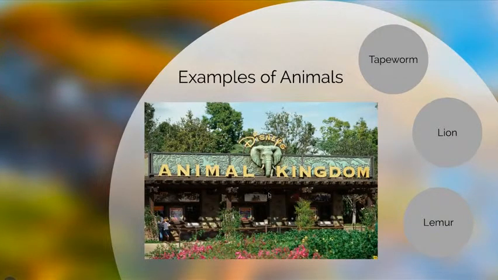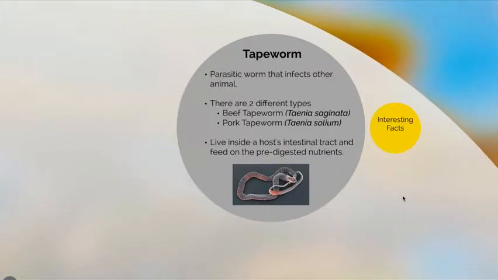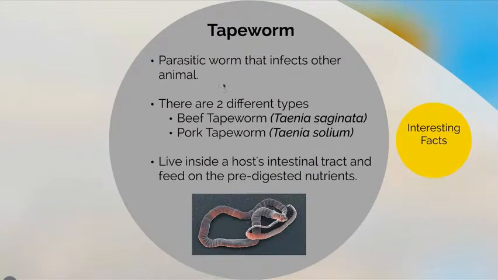I picked 3 examples: a tapeworm, a lion, and a lemur, just out of nowhere. If I click the space bar again, that'll take me into tapeworm, and here's where I have some information about tapeworms. Part of this assignment is you had to come up with 5 interesting facts.